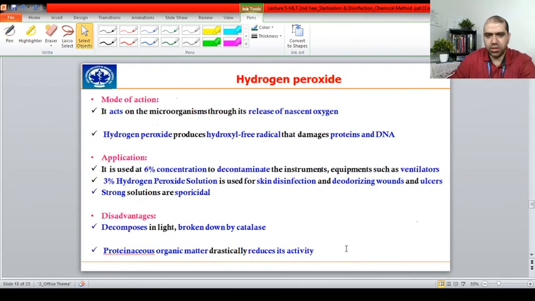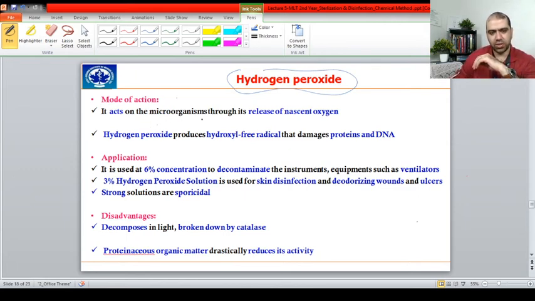So now comes hydrogen peroxide. Many patients who are suffering from gum inflammation use hydrogen peroxide. This peroxide can immediately relieve your gum pain, so this is one immediate way of getting rid of gum pains.